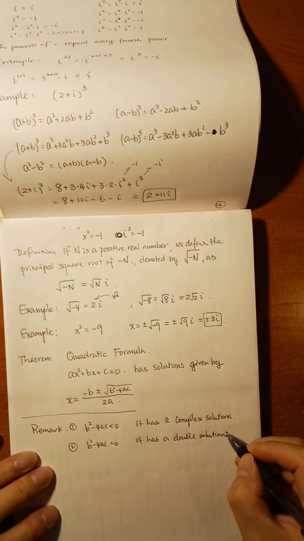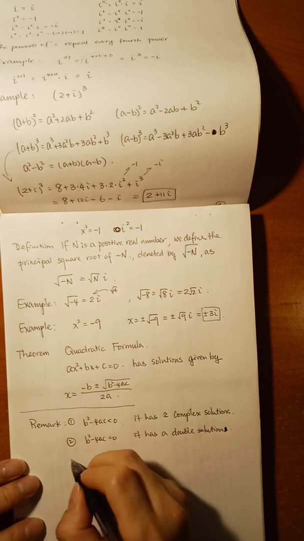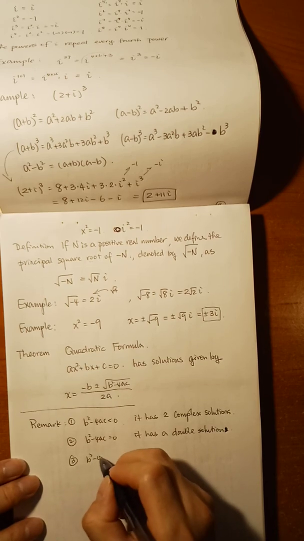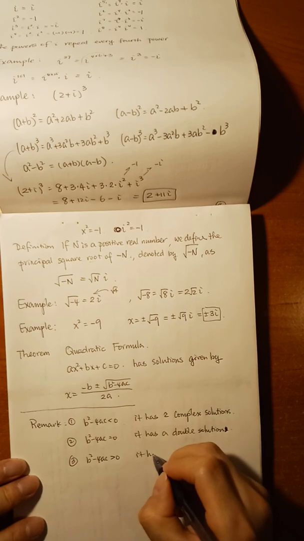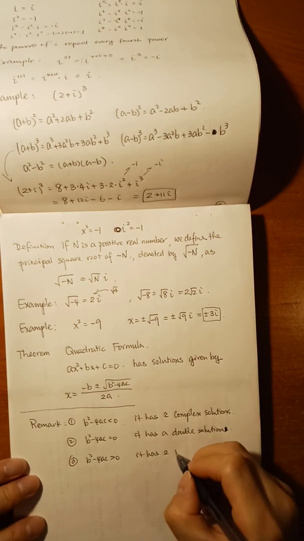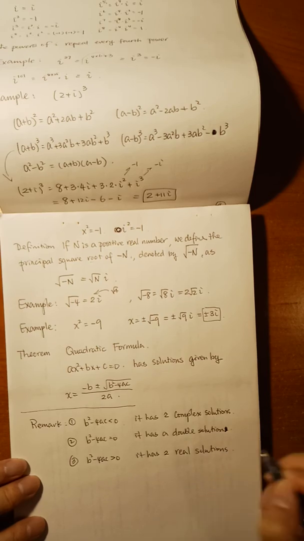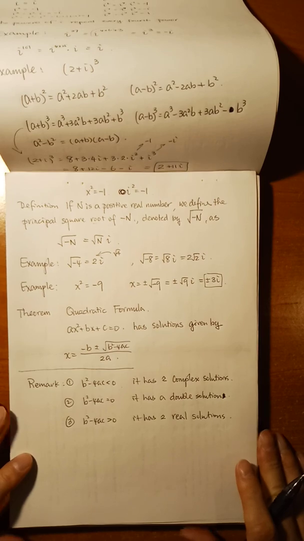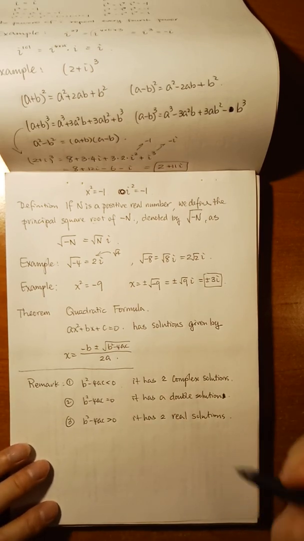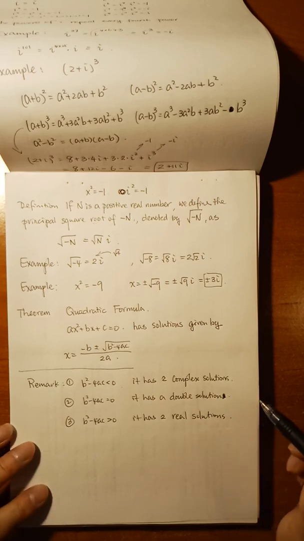A double solution. Repeat it: x minus 1 times x minus 1. If b squared minus 4ac is strictly positive, it has 2 real solutions. Okay, so that's a really complete discussion, but this discussion can only be complete after you introduce the complex numbers.